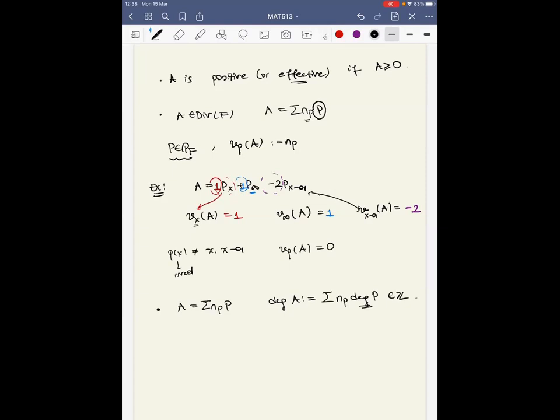This is obviously an integer, and we can view this degree as a homomorphism from the divisor group of F to the integers, which is written additively, as a group homomorphism, because the degree of the sum of two divisors is the sum of the degrees of each divisor.